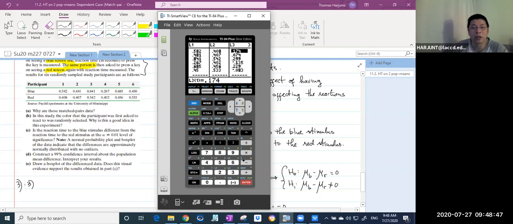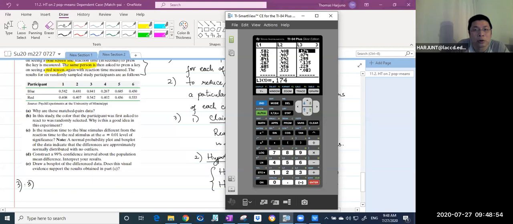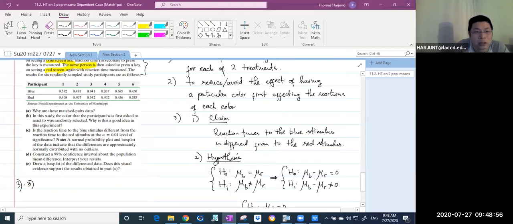Now, in my test, I need you to plug those numbers in though. So I need you to write, for example, when you use red color, this is 0.174, 0.074, and so on and so forth.